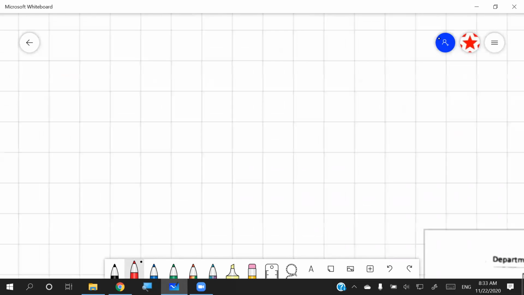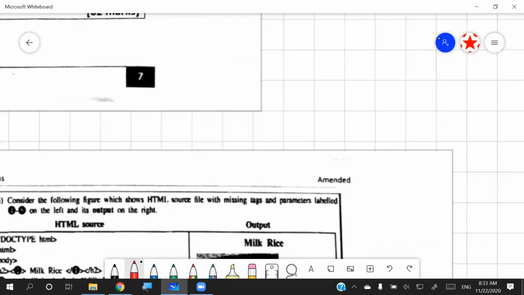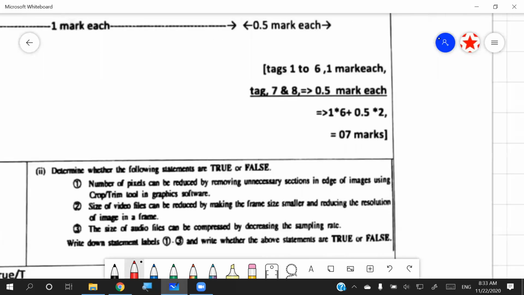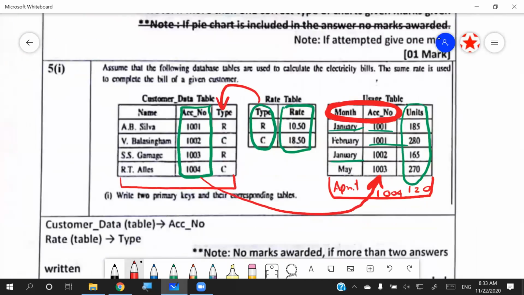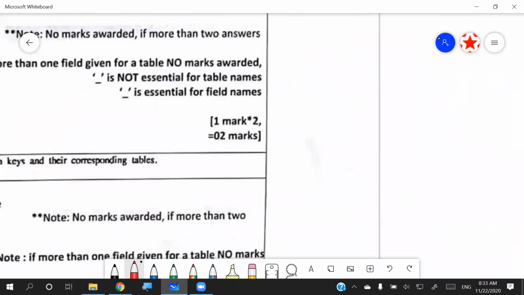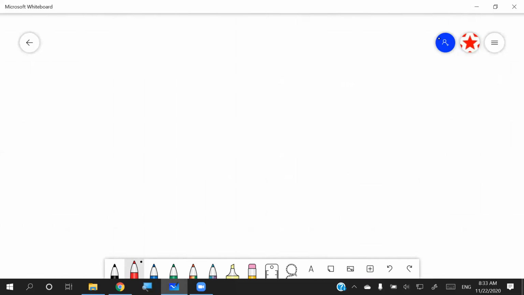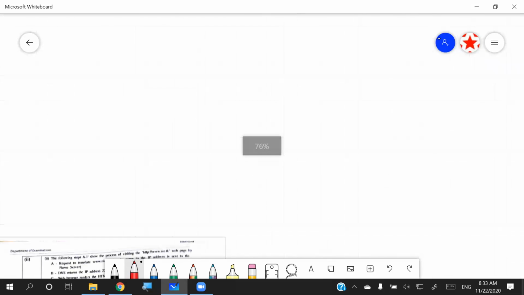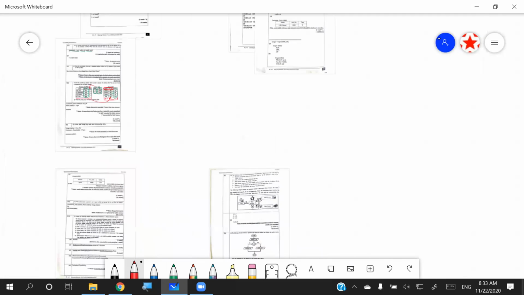And let's see what the marking scheme says. Oh, it's the other page now. Sorry, people, my pages are running here and there.